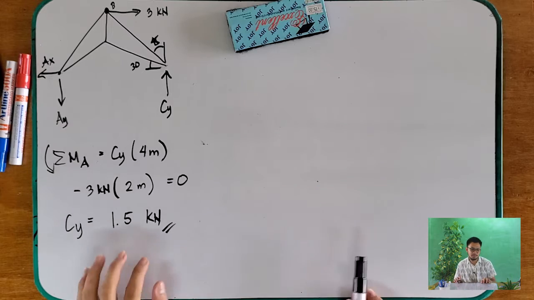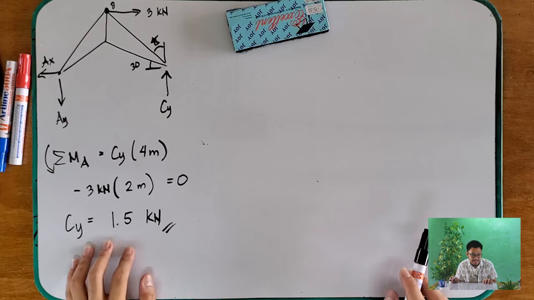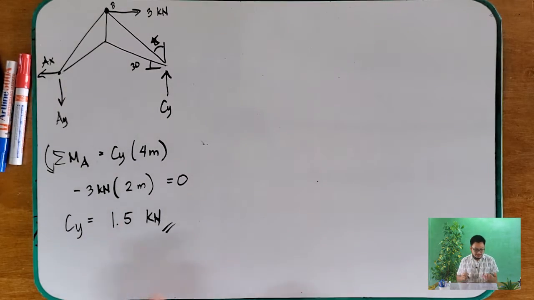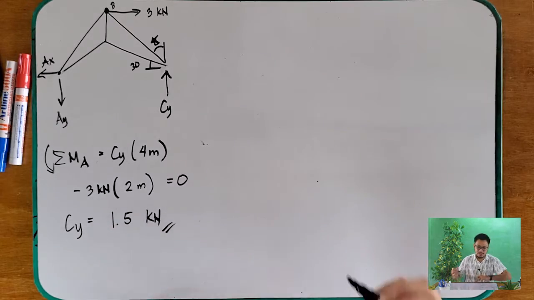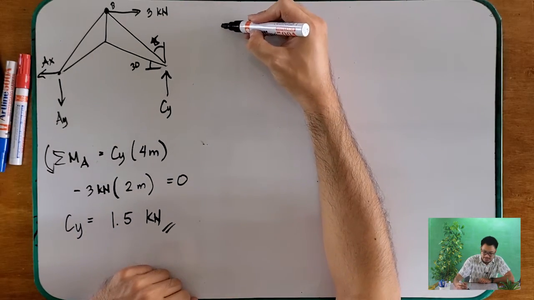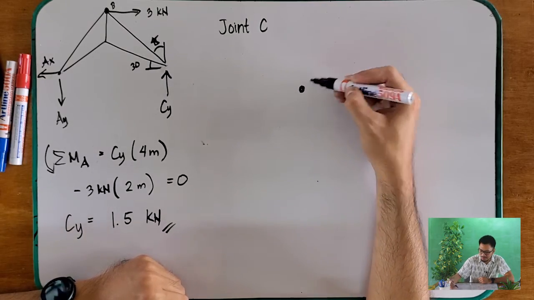Okay? So dili mabutang tension o compression aning atong support reaction kay support reaction ni siya. Okay? So we already determined for the support reaction sa imong CY. So adto ta sa atong joint C. So, i-draw ang free body diagram sa itong joint C.